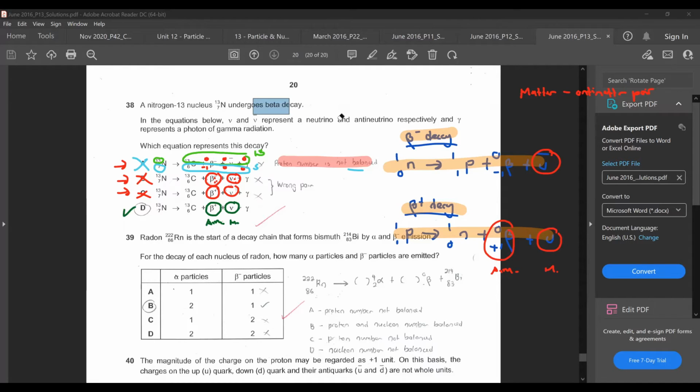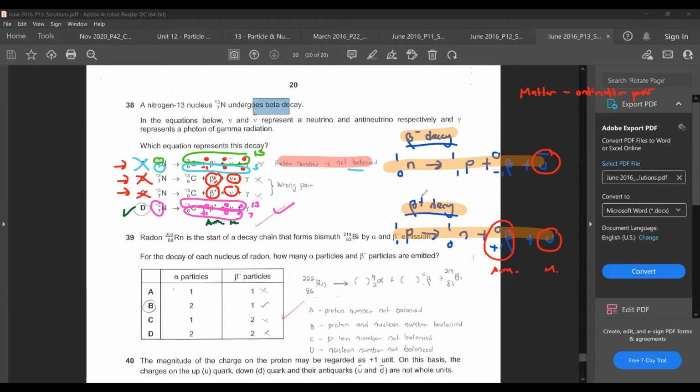Beta plus is 1 for proton number and 0 for nucleon number. This is 0, 0. You add them all up, this one is going to be 7. The top one, you add it all up, it's going to be 13, which is what you have here. So this one is definitely correct. So the answer is D.